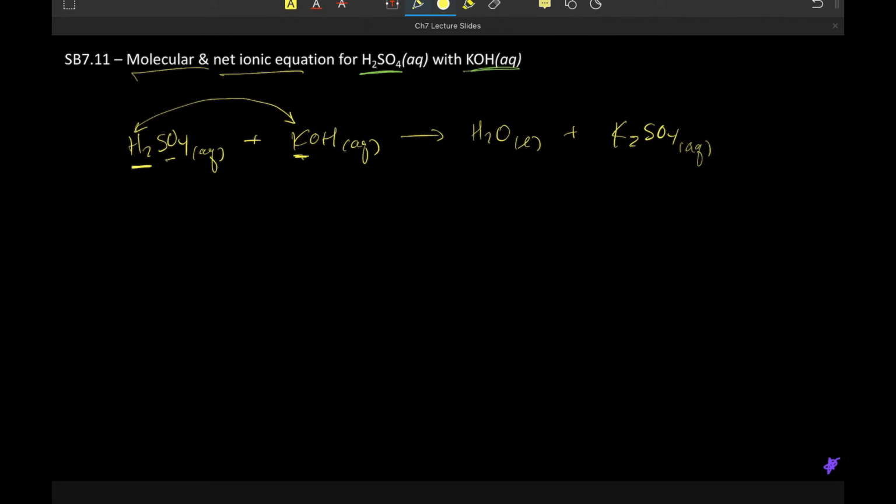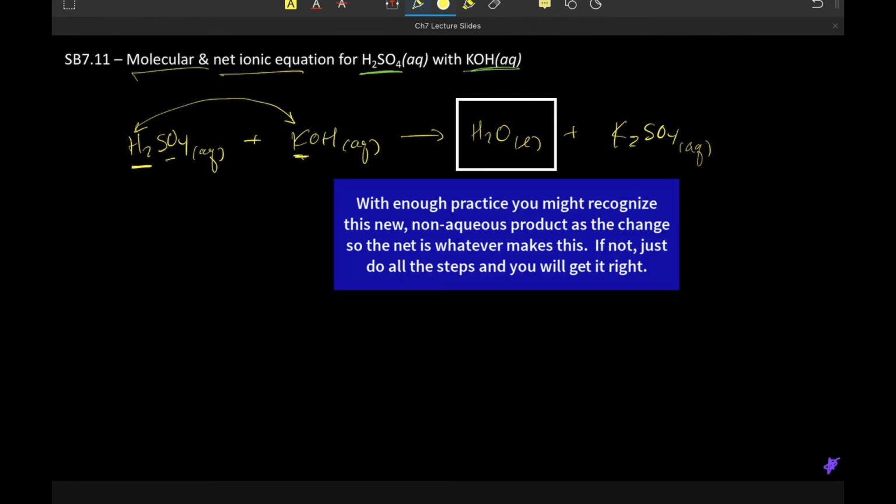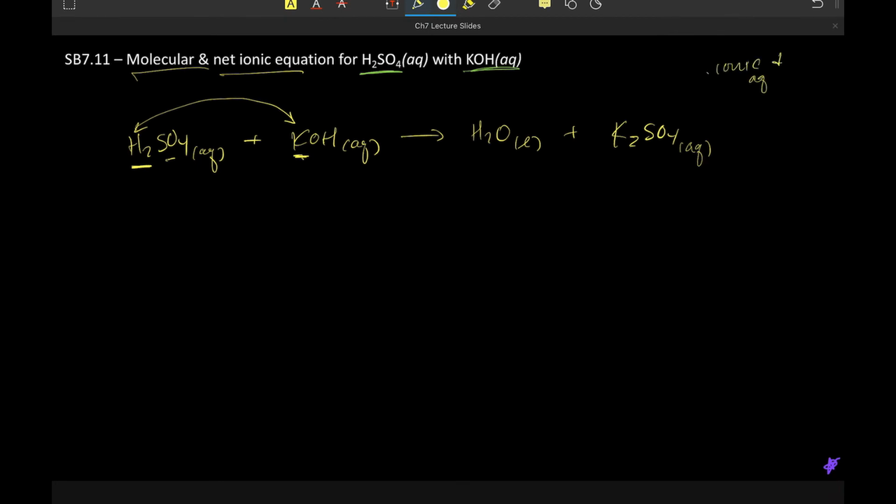Now if we want to whittle this down to a net ionic, we'll just do all the steps. In order to do a complete ionic, we will dissociate the things that must be ionic and aqueous. Again, acids are going to get treated like they're ionic. So we have 2 H plus aqueous, and we have 1 sulfate aqueous.